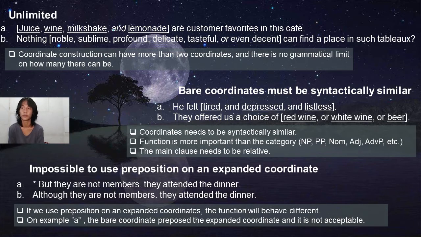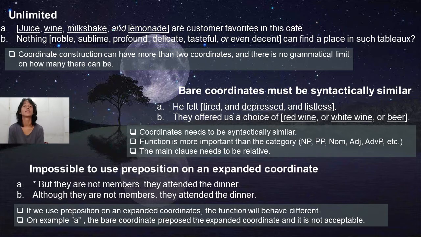It is good sometimes, but the meaning sometimes doesn't work. The function doesn't work. So you need to look at the function more than the category. Also, the last one, the main clause needs to be relative. So the main clause when you use coordination needs to be relative.